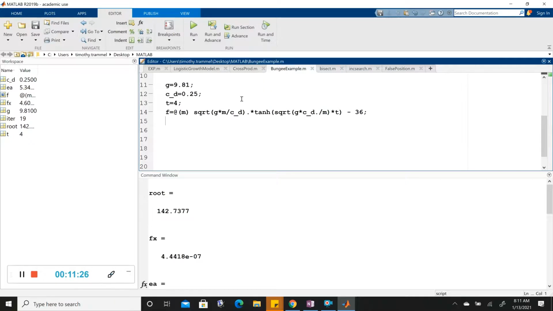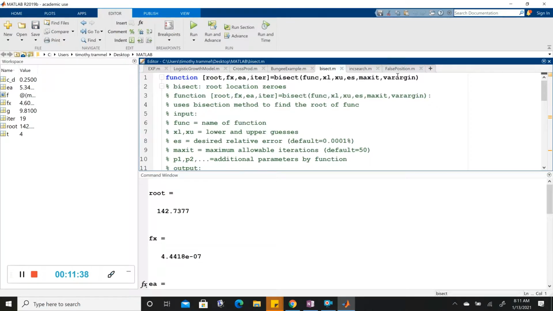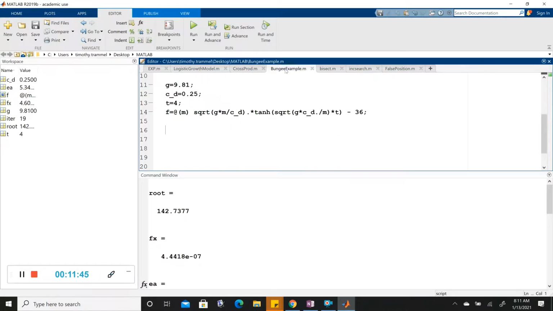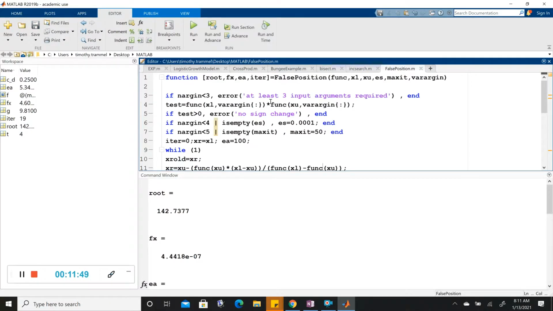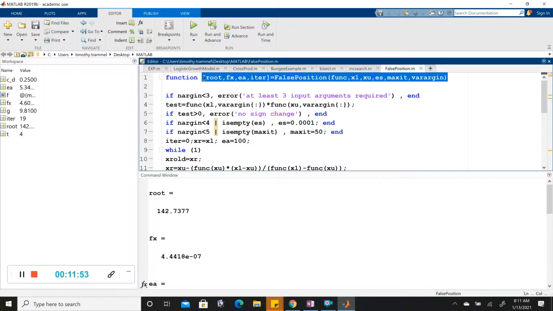We'll test this out, and I also want us to compare how quickly this converges. Okay, so let's see here. Just to make this easy, let's go ahead and copy the top line of each one of these, other than the word function.